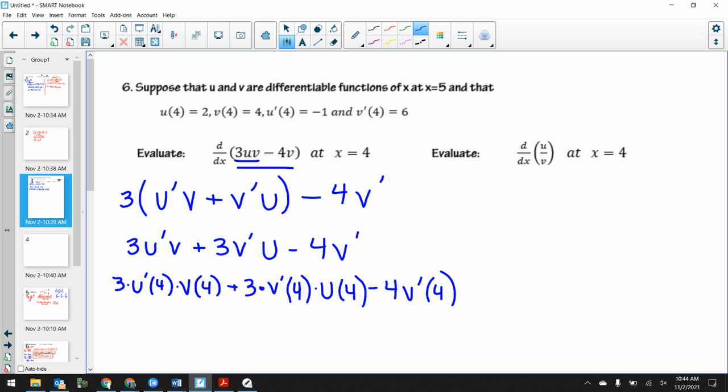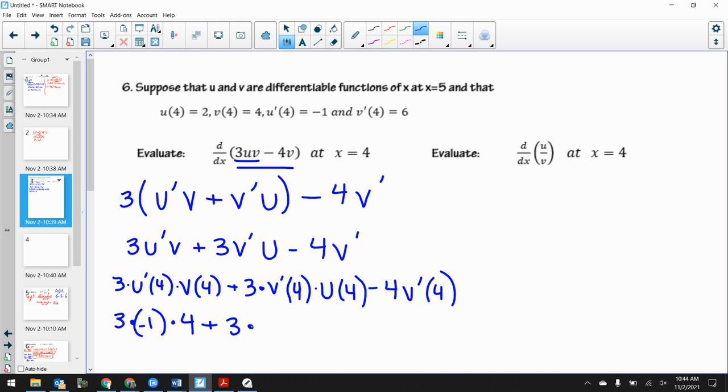The nice part is that the premise of this problem told us what each of those things are. So this is 3 times, what is u prime of 4? -1. What is v of 4? 4.